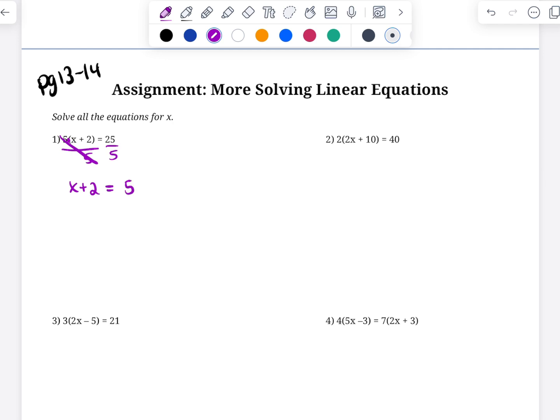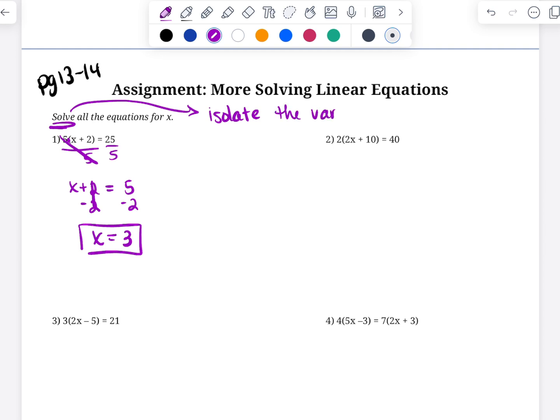And then because we are adding 2 on the left side, we will subtract 2, and now we will have x equal to 3. And please remember that solving means you're trying to isolate, and when you feel isolated, that's when you're alone, the variable. You're trying to get the variable alone.